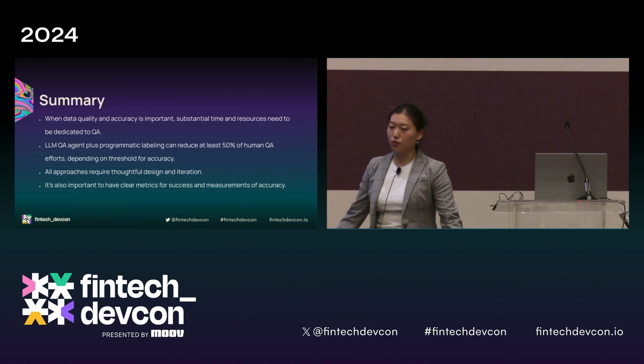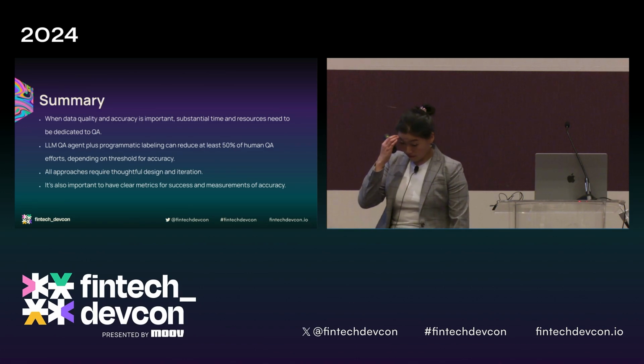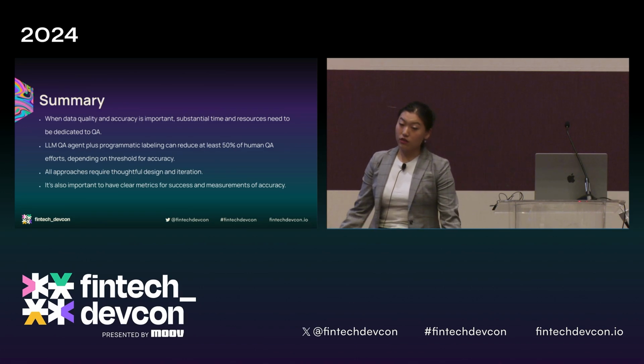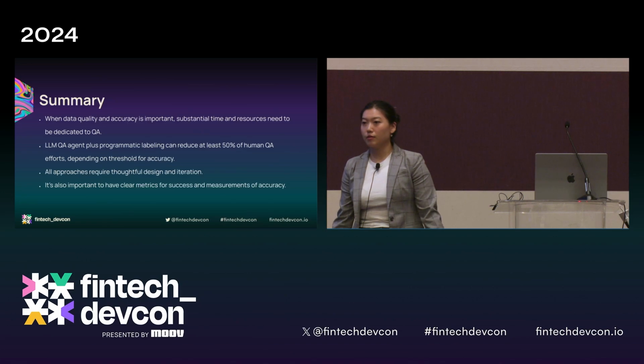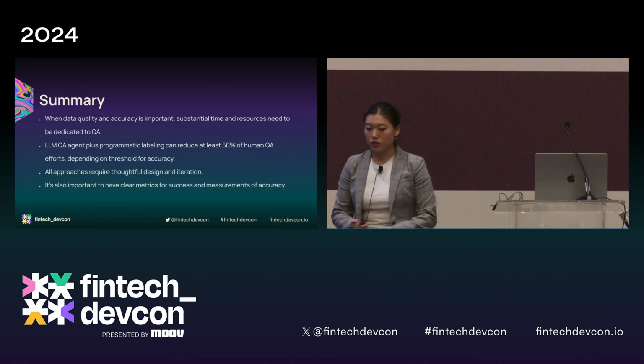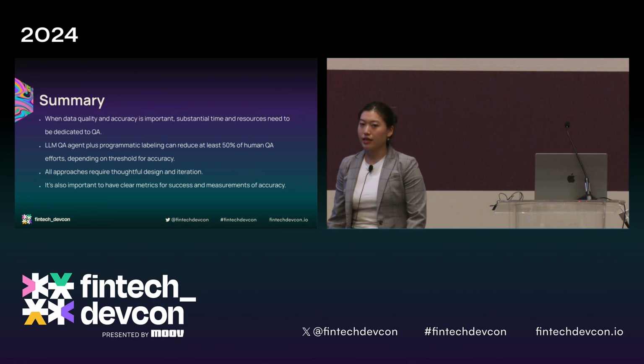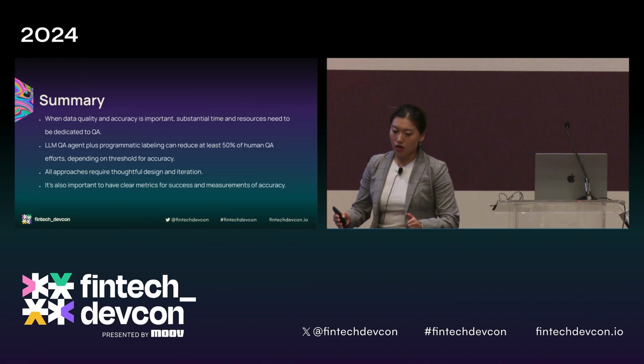Lastly, it is also important to have clear metrics for success and measurements of accuracy. We see that no data can be perfect, no data can be 100% accurate, right? It is more important to know what your business wants and what your customer wants, and then spend time and effort on that.